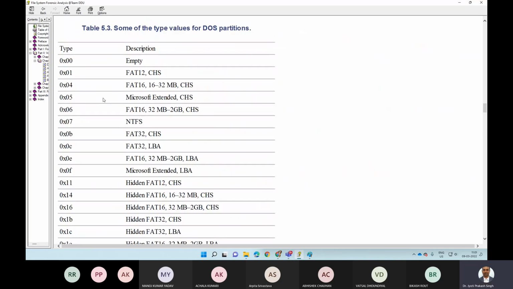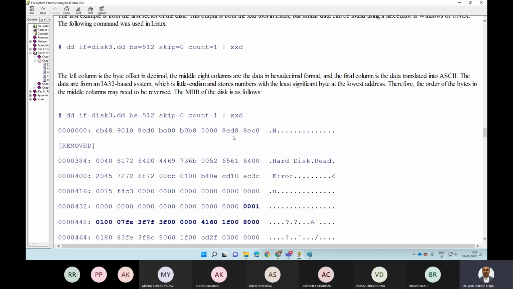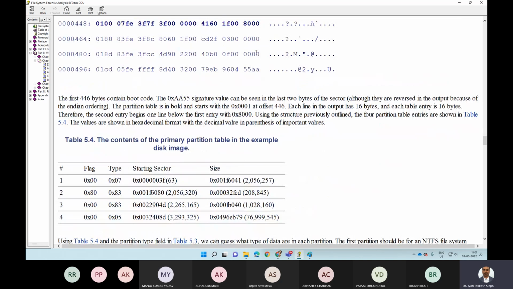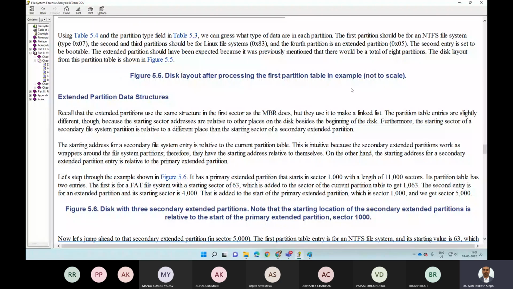So 5 is basically a Microsoft extended partition and it supports CHS. So if it supports CHS, now you can assume that we can take care of the CHS addressing, because that's going to be a very small partition. So you can create, in fact in this book they have not given, if you want to see, we can create that whole partition.